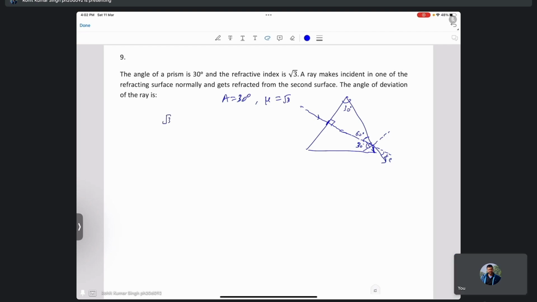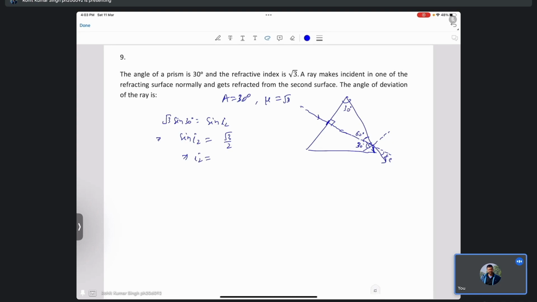Sine I2. Let me check. Okay. So sine 30 is 1 by 2, root 3 times 1 by 2 is root 3 by 2.